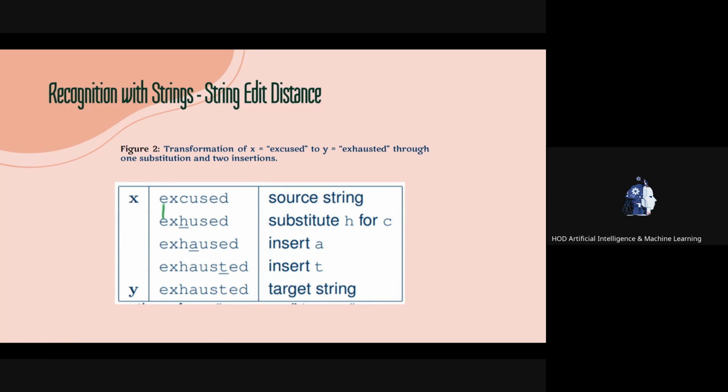The first character is matched, the second character is matched, but we need to have H because the third letter is H, and here you are seeing C. So you need to substitute H for C. Then after that you need to insert A, then T should be inserted, and finally you will achieve the target string. This is called string edit distance. Hope you are able to understand it.